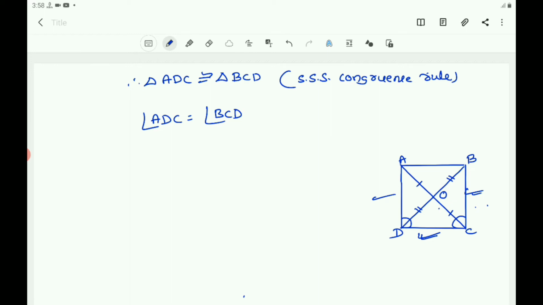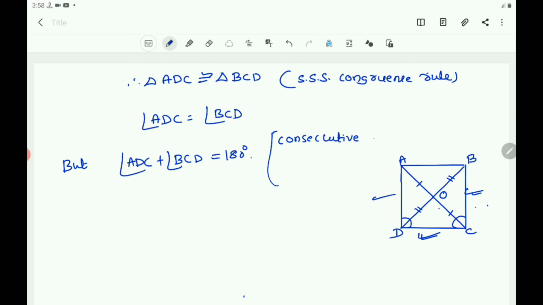Consecutive angles of the parallelogram are supplementary. So angle ADC plus angle BCD equals how much? 180 degrees, because consecutive angles of a parallelogram are supplementary.